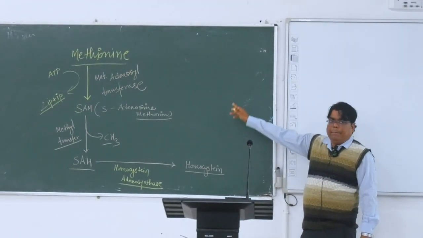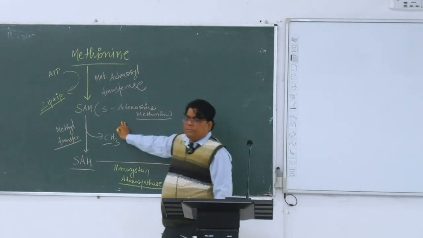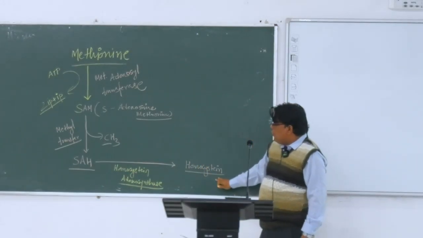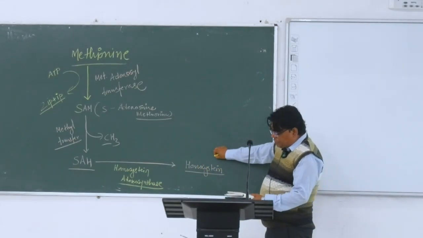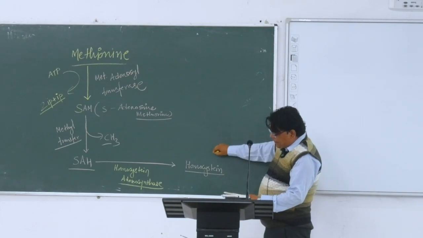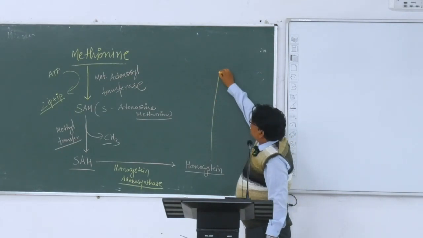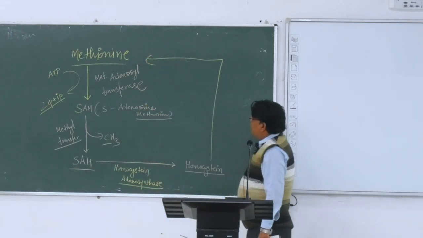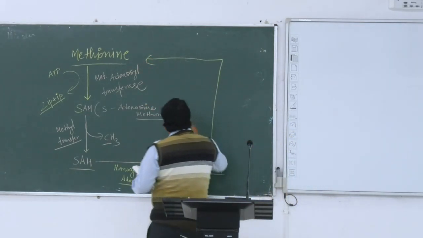All of you see, methionine is firstly converted into SAM. SAM is converted into S-adenosyl homocysteine. S-adenosyl homocysteine is converted into homocysteine. And this homocysteine, with the help of the enzyme methionine synthase, forms methionine.